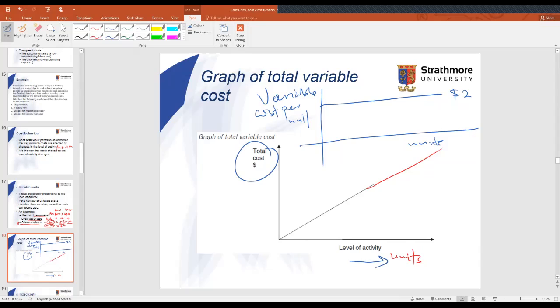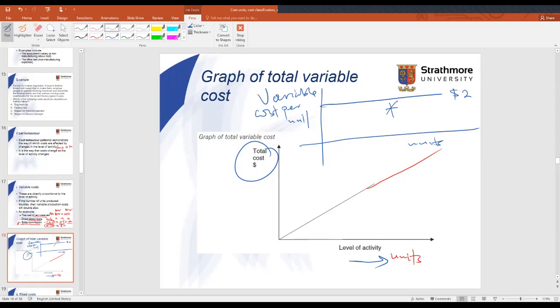Is that clear? You can be given those two graphs, or just one of them, and you may have to determine whether the cost illustrated by the graph is a variable cost or a fixed cost. You have to get to know these two graphs. The cost per unit is fixed, like here.